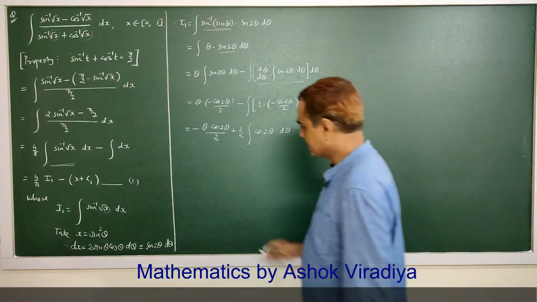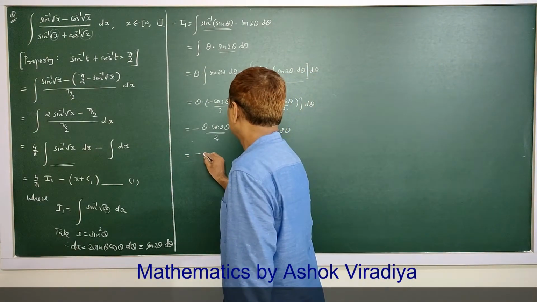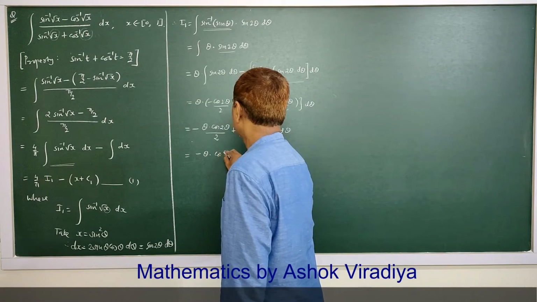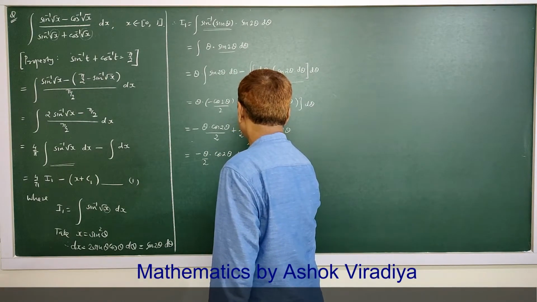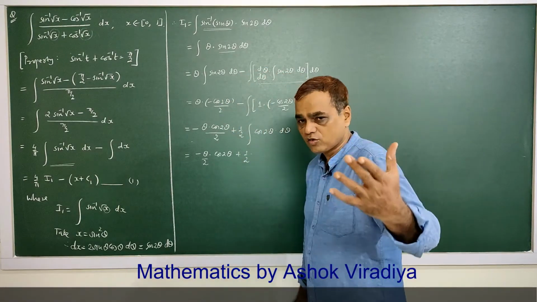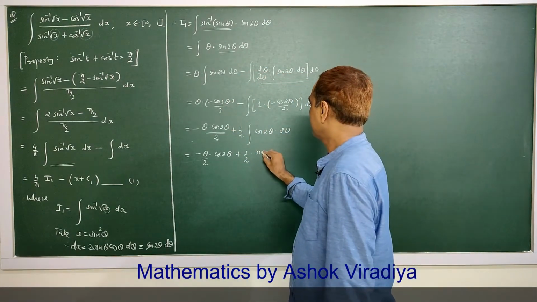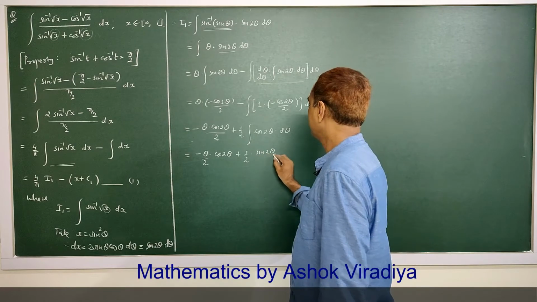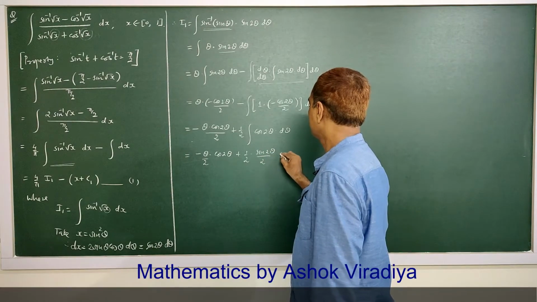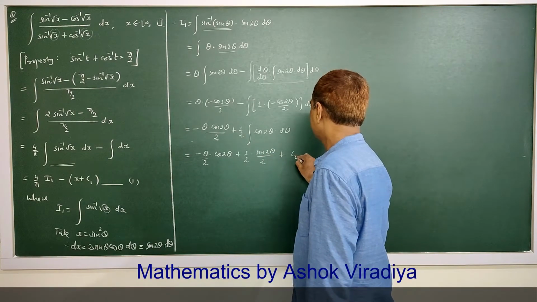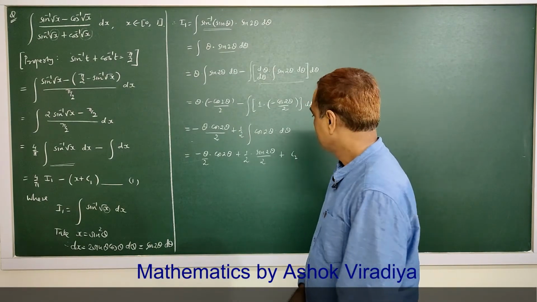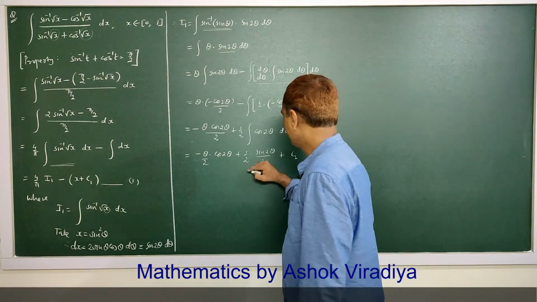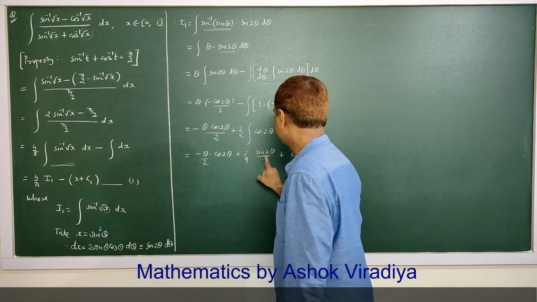Now integrating this, minus theta cos 2 theta by 2 plus 1 by 2 into the integral of cos 2 theta, which is sine 2 theta by 2, plus an arbitrary constant c. So this 2 into 2 can be written as 4.